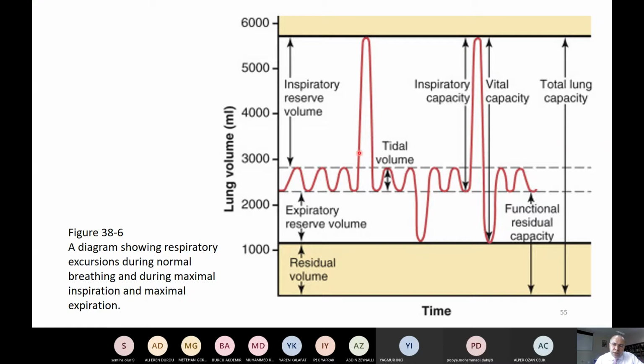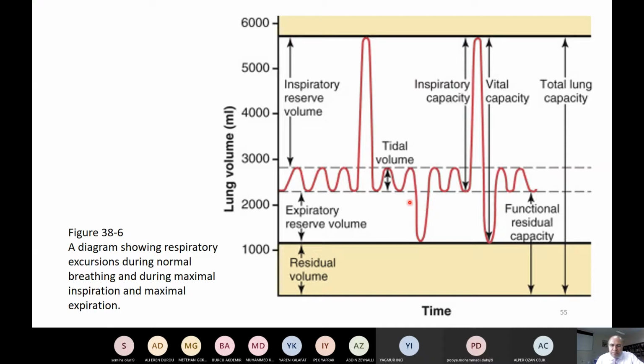Okay, 3000 milliliters. Again, when somebody is respirating normally, you can ask him or her to give air as much as he or she can. Then he tries to give extra air as much as he can. Then this is the expiratory reserve volume, and it is about 1100 milliliters.